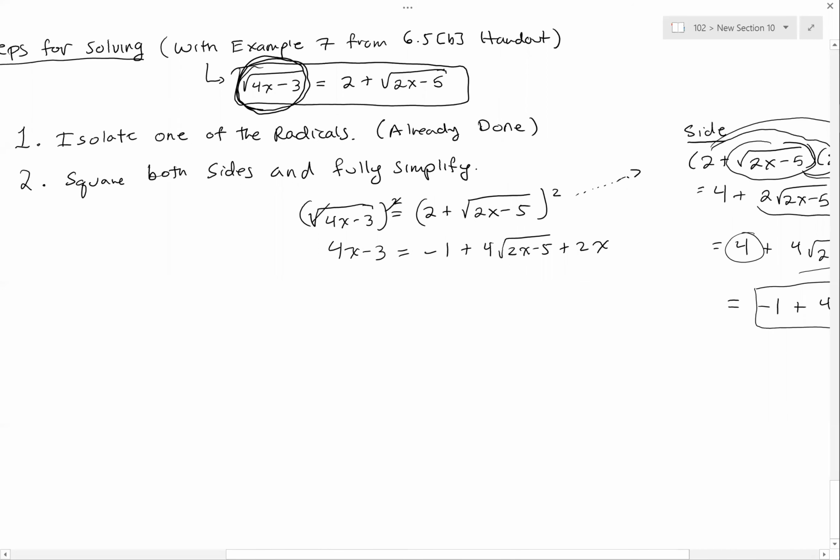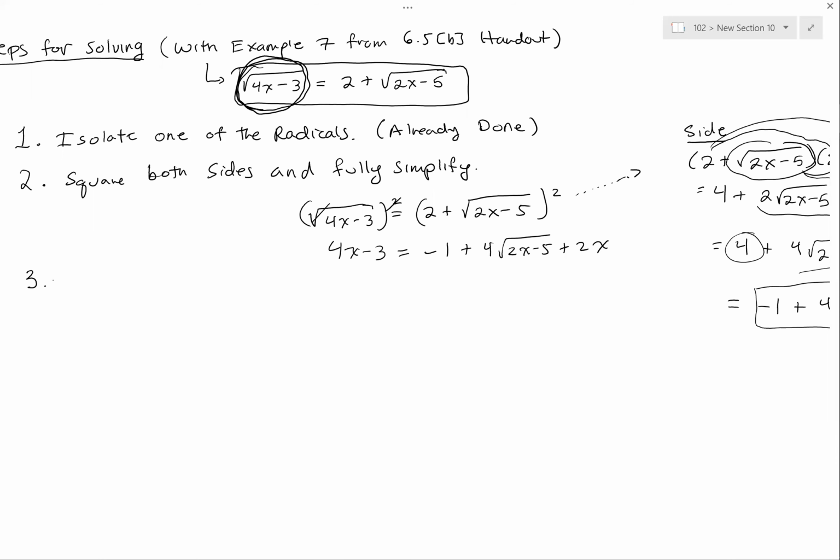Step 3, just looking at what we did, it doesn't look like it got any simpler, but it actually did. It got less complicated. Because what we did is we transformed an equation that contained 2 radicals into an equation that just contains 1 radical. So now I can apply the concepts from the earlier section for when there's 1 radical.